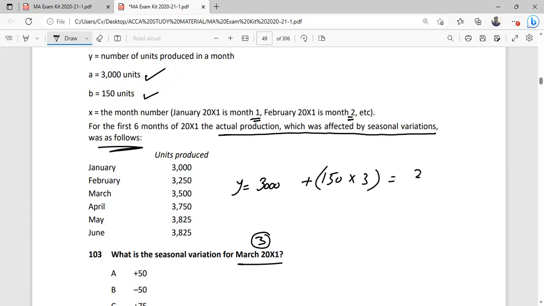So the total will be 3450. And March actual production units is 3500. And what is the seasonal variation? We were expected to produce 3450, but we actually produced 3500. So actually we produced a greater amount of units. We have positive 50.